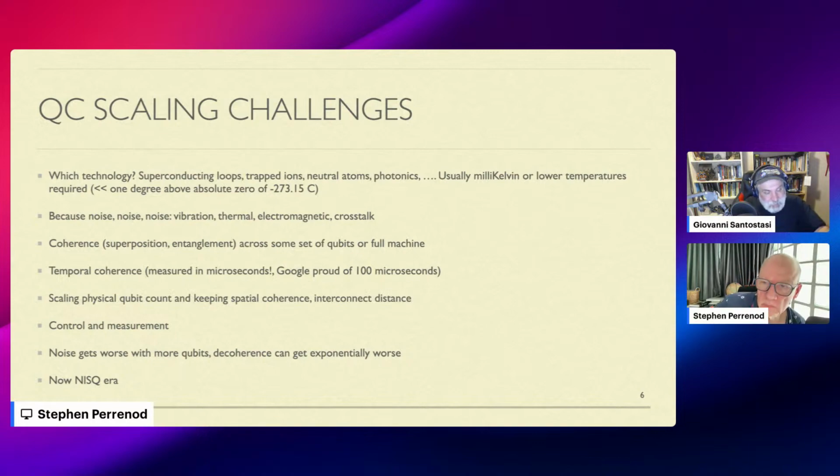You can come closer and closer and closer, but you cannot reach zero. It's very close to zero, right? So it's amazing how close they get. So what they're fighting against is noise and noise and more noise. There's vibration noise, there's thermal noise, there's external electromagnetic noise, and then there's crosstalk within the system noise as well.